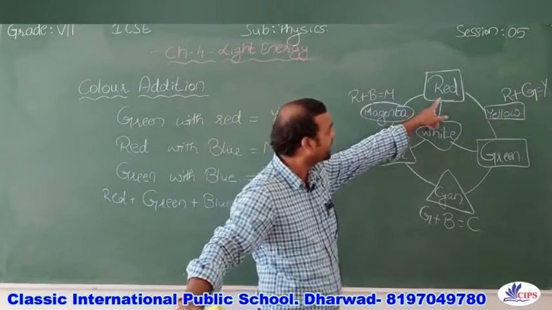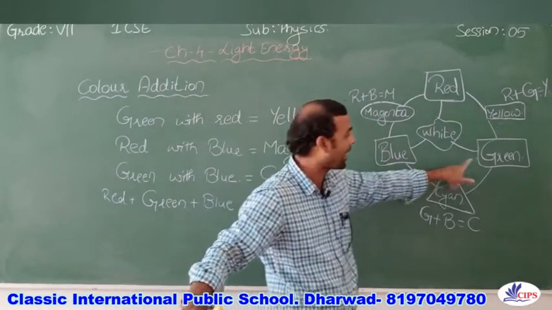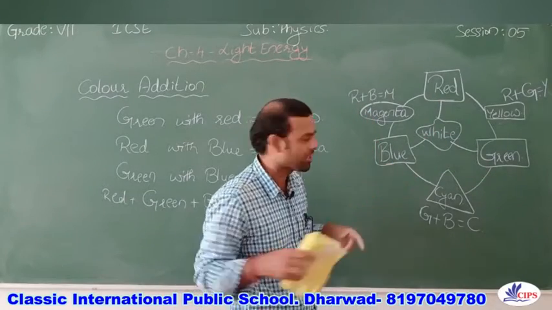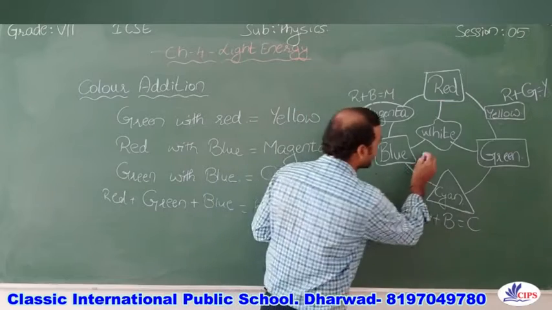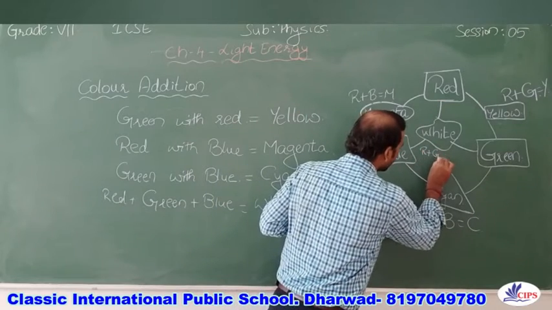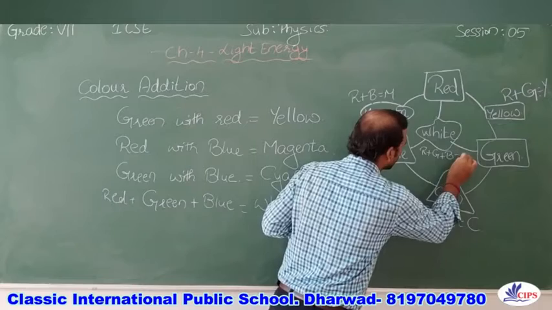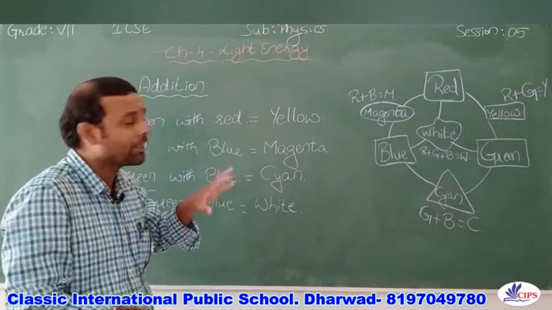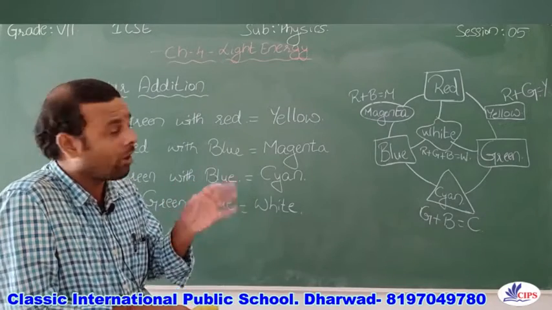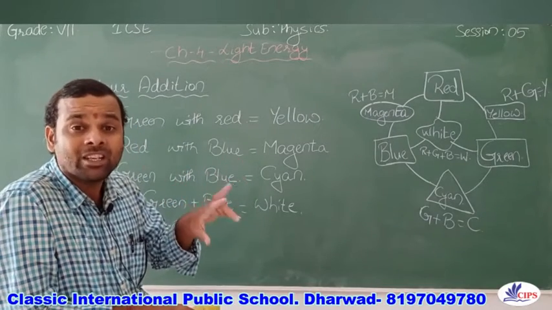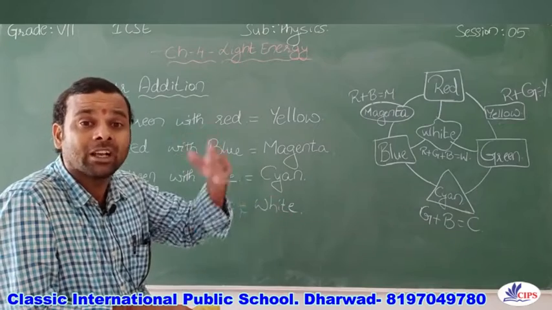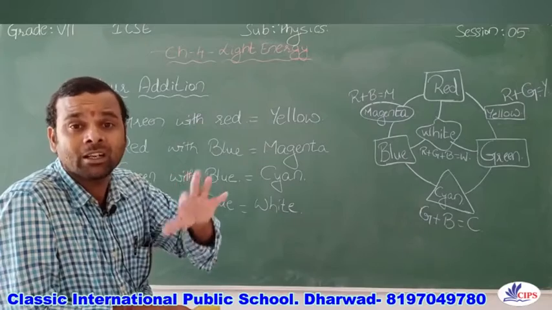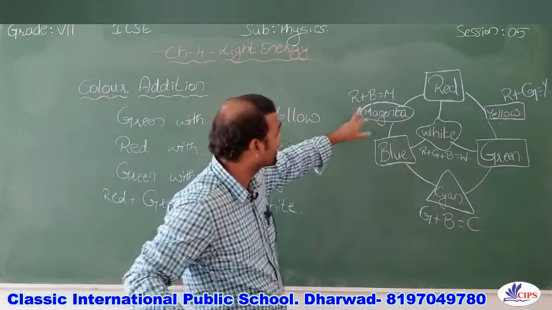So red, blue and green together form white. The equation is R plus G plus B is equal to W. So this is the notation or understanding of which color, when combined with which color, produces a new color.